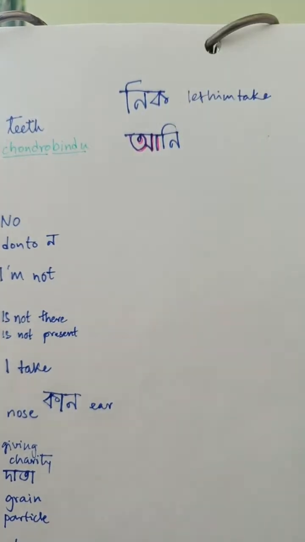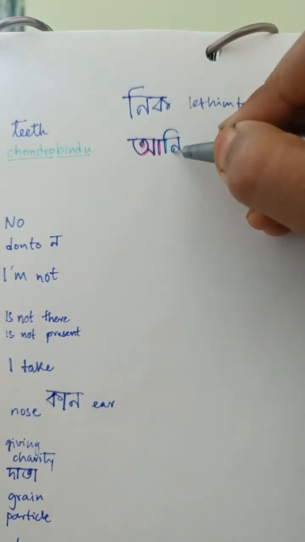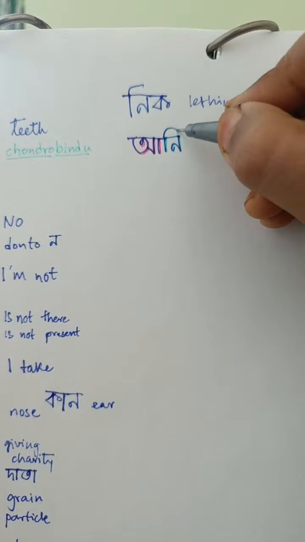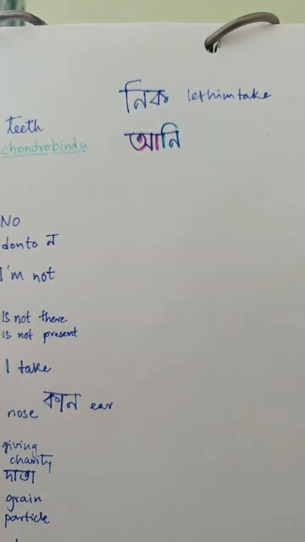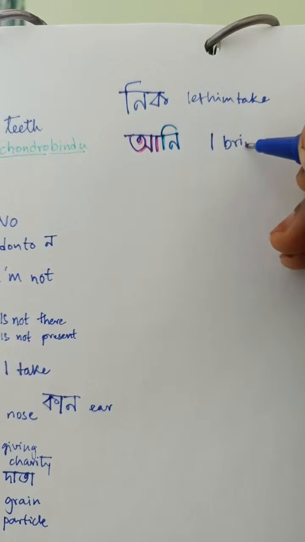And then this is very easy. The next part is just Dantanai Rasho E. So what's this word? This word is ani. That means I bring.